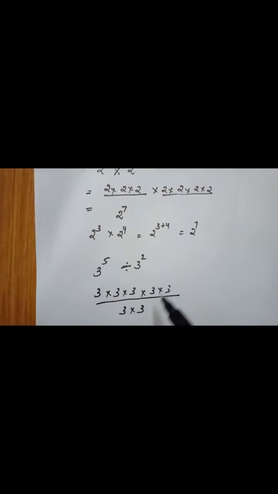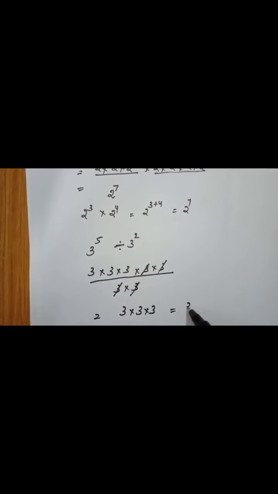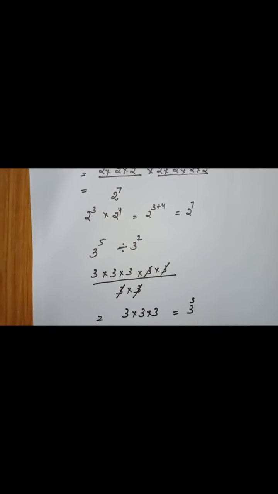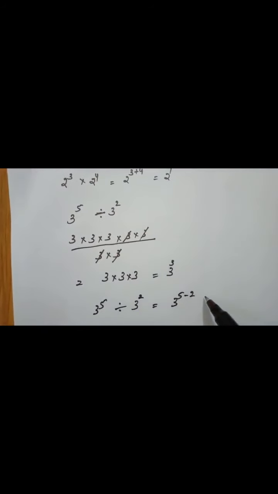Now if you cancel, we can see that 3 multiplied 3 times, and that can be written as 3 to the power 3. And here when we divide we can see that the powers are subtracted. So 3 to the power 5 divided by 3 to the power 2 can be written as 3 to the power 5 minus 2, which is equal to 3 to the power 3.